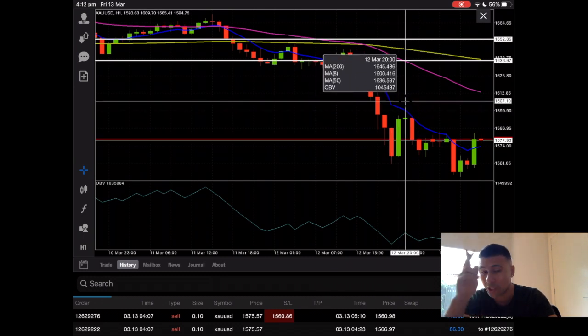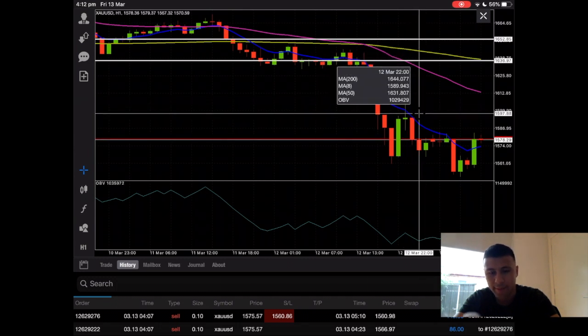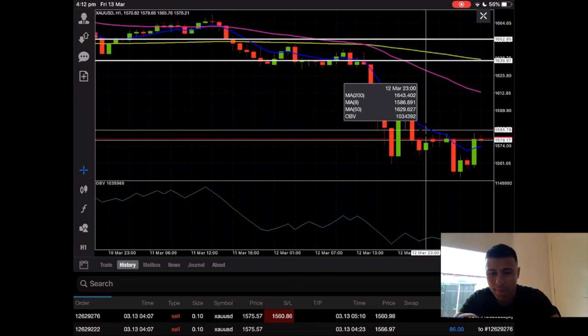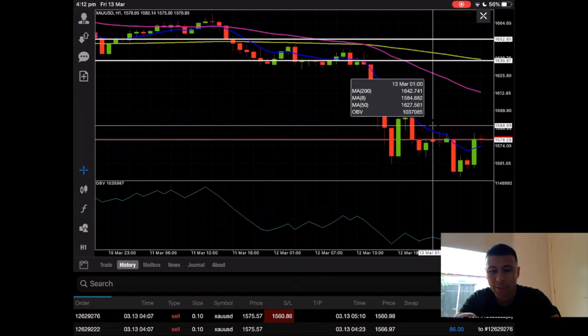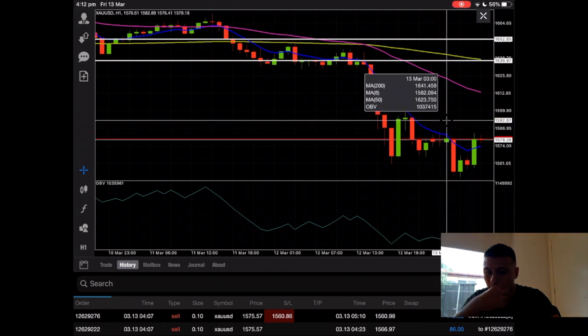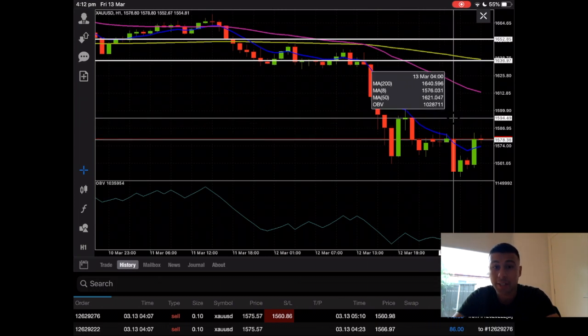The market could have shot up, but you have that bullish red candle with another one going back down, and it is in the downtrend. So I made my sell when I saw this shooting star right here, a bearish shooting star. And that made me $145.90 in that candle with a lot size of 0.10.